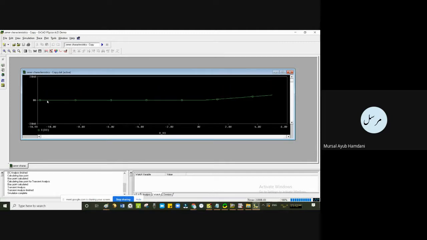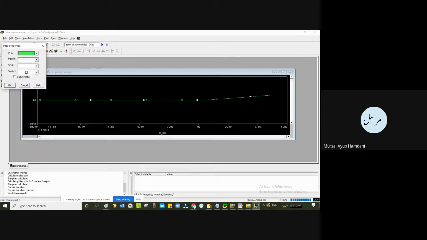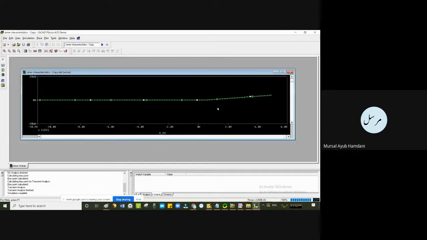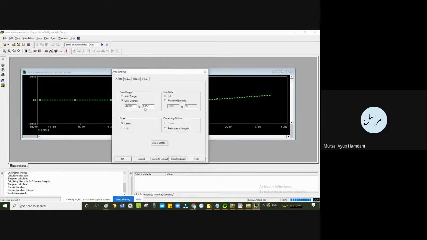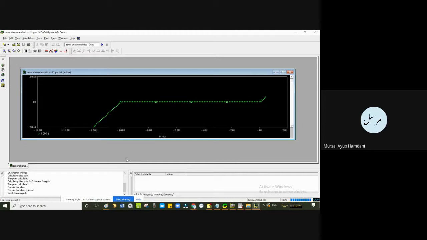you see for the reverse bias of minus 10 volts, what is it? Let me make it a little dark. Okay, you see here at this knee voltage 0.7 it increases. You clearly see here, no?